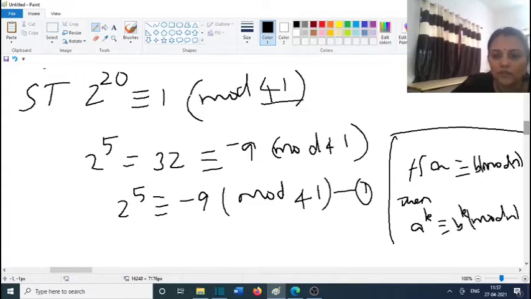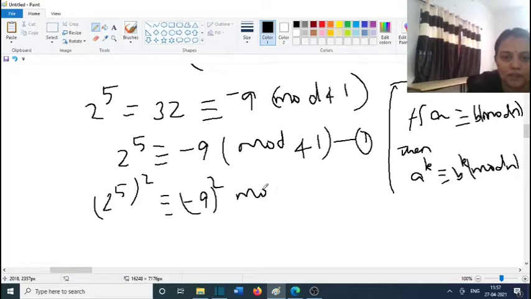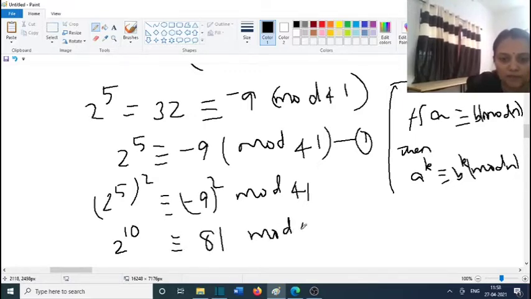So 2 raised to 5 all square is congruent to minus 9 all square mod 41, which is 2 raised to 10 congruent to 81 mod 41.